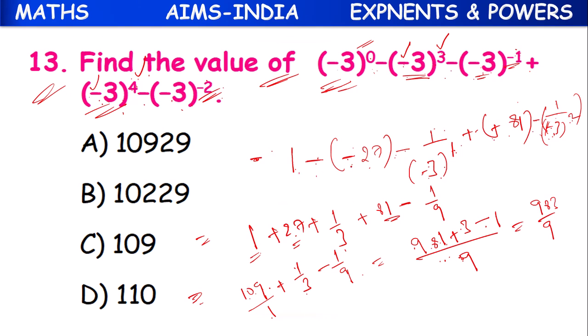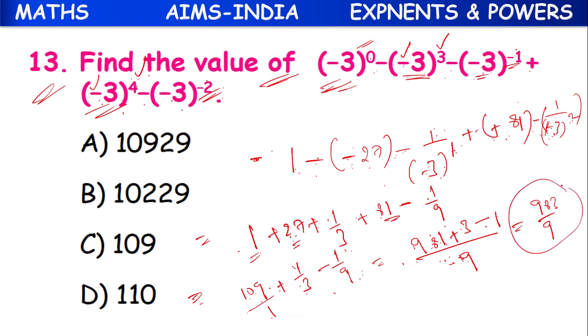Here 1, minus into minus plus 27, minus into minus plus 1 by 3, plus 81, minus 1 by 9. 81 plus 27 is 108, plus 1, 109, plus 1 by 3 minus 1 by 9. 9 times 81, 981, plus 3 times 9, 3 minus 1. 983 by 9 is coming.